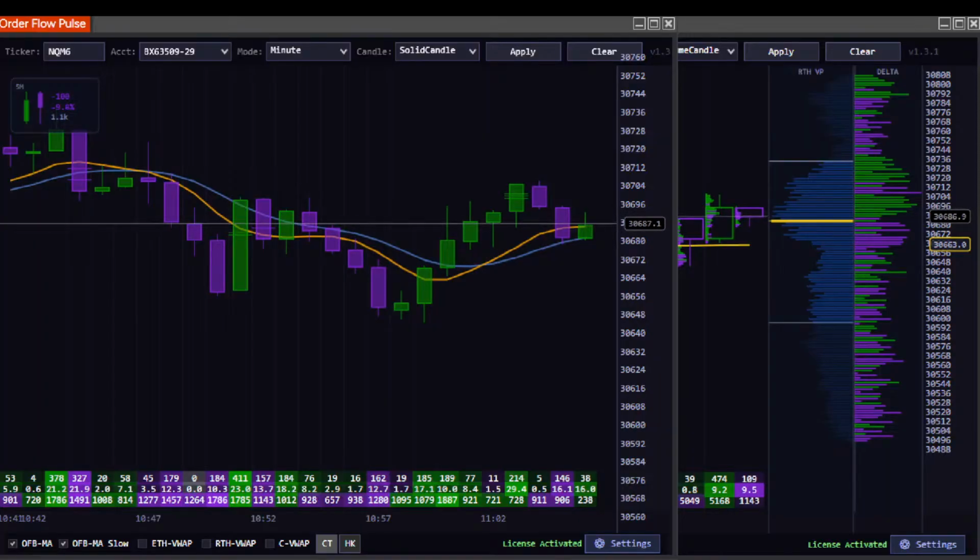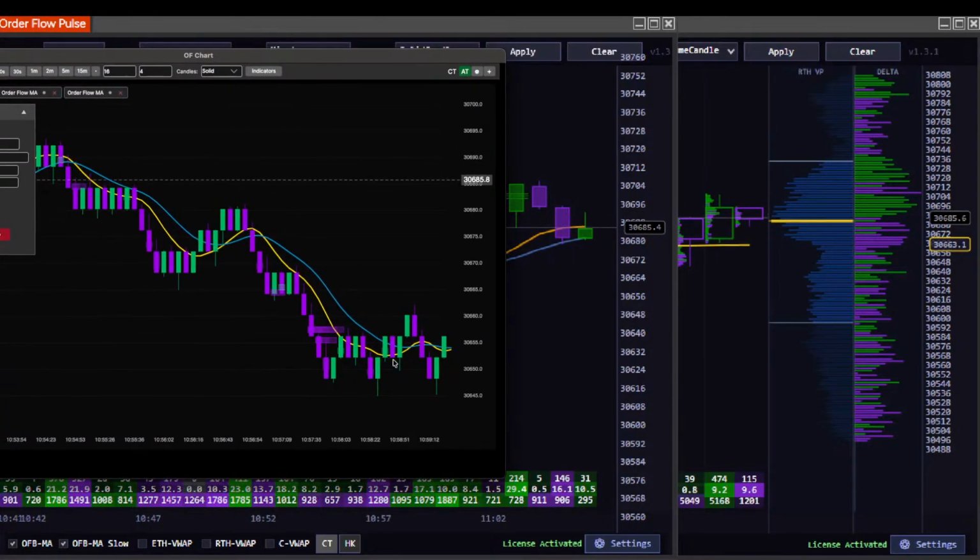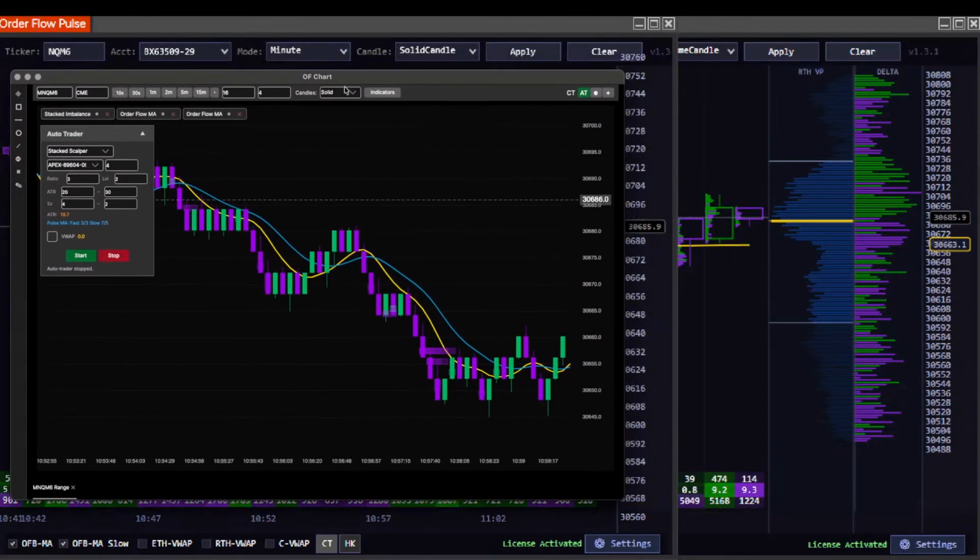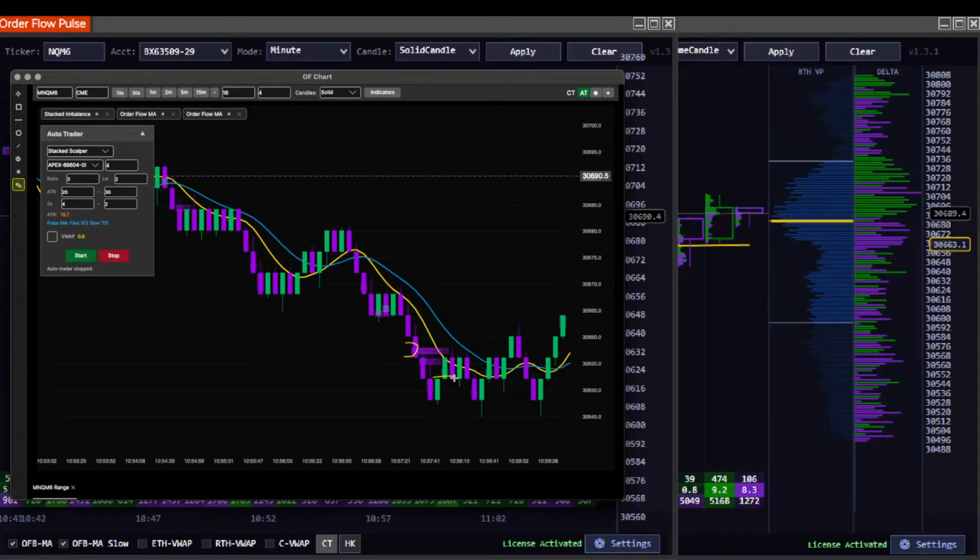It's doing some really high frequency trading on stacked imbalances, like this right here. It would get in short right here and then cover right here.